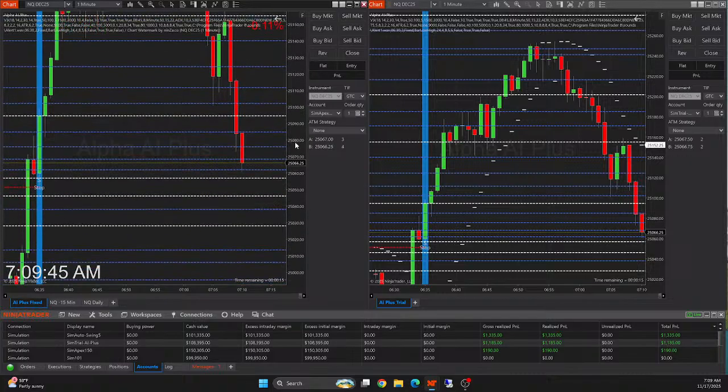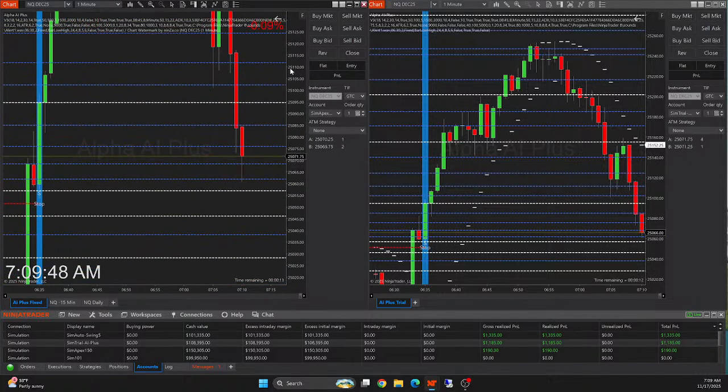Market is pushing down now. Let's see if we have other trades.